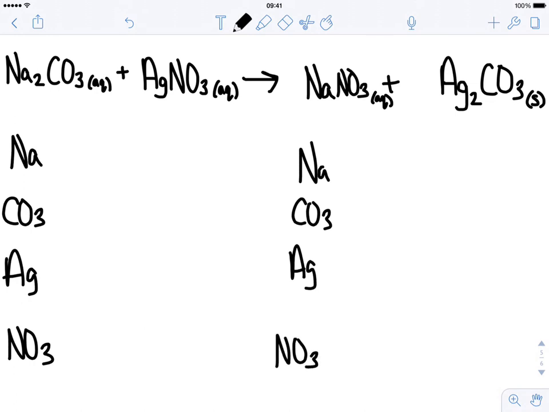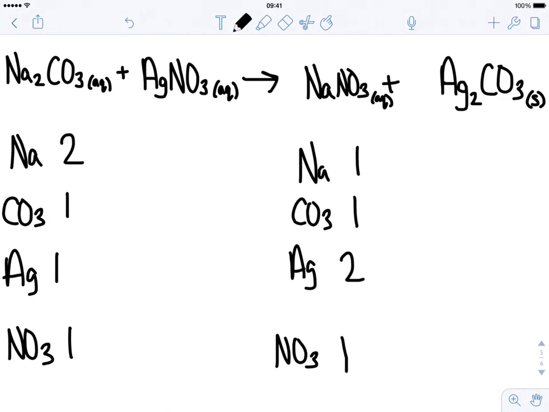Okay, so let's see if this is balanced. So we have 2 sodiums, 1 carbonate, 1 silver, and 1 nitrate. And here we have 1 sodium, 1 carbonate, 2 silvers, and 1 nitrate.